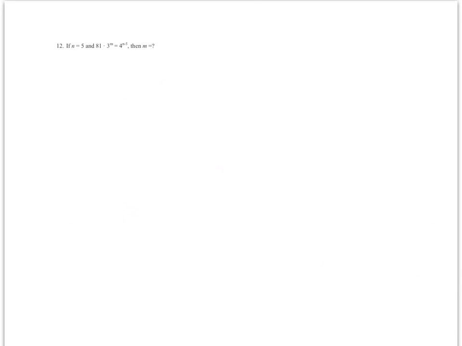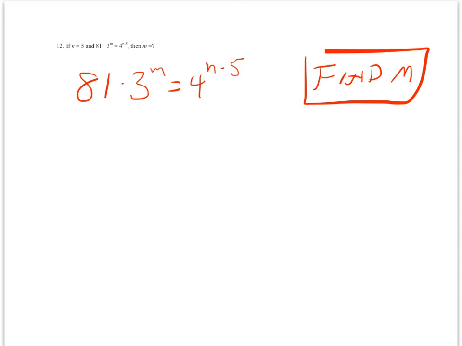Number 12. If n is 5 and 81 times 3 to the m equals 4 to the n minus 5, then what is m? First, to find the value of m, well, n, it says, is 5.